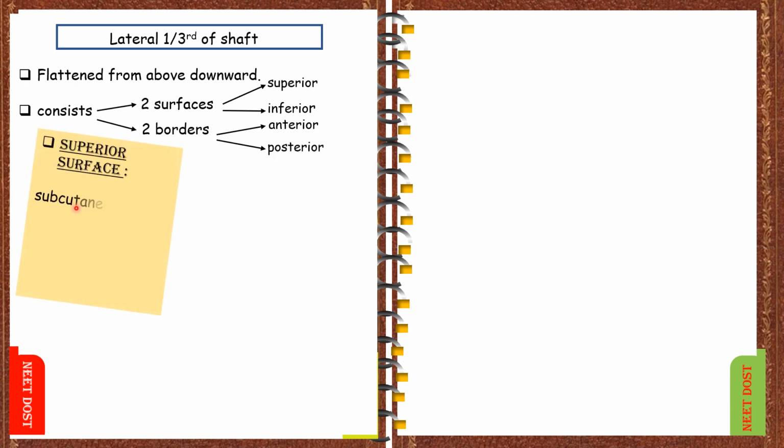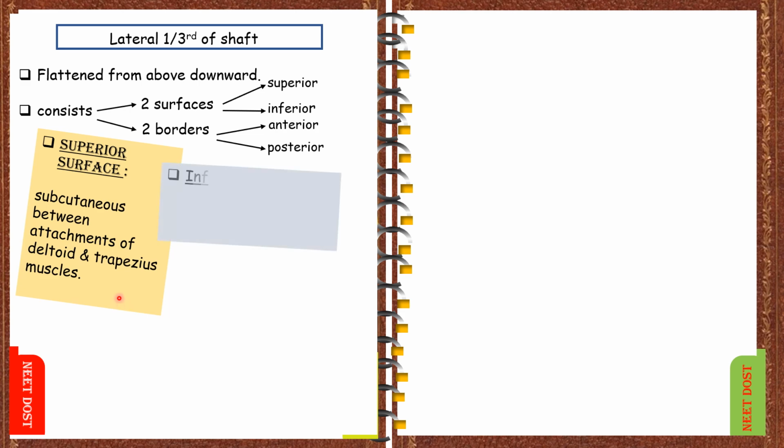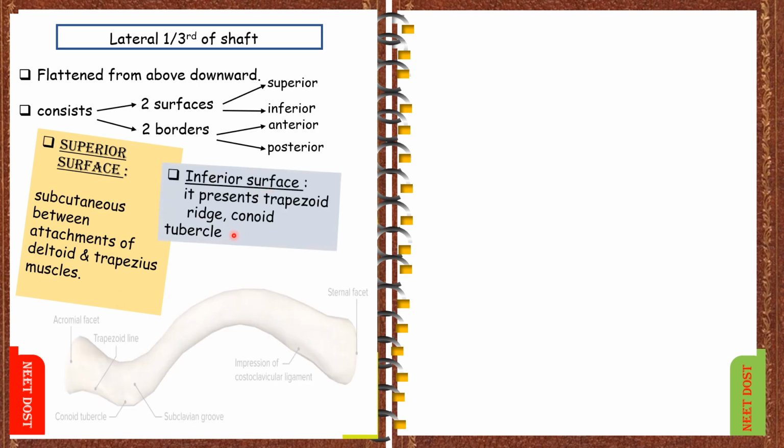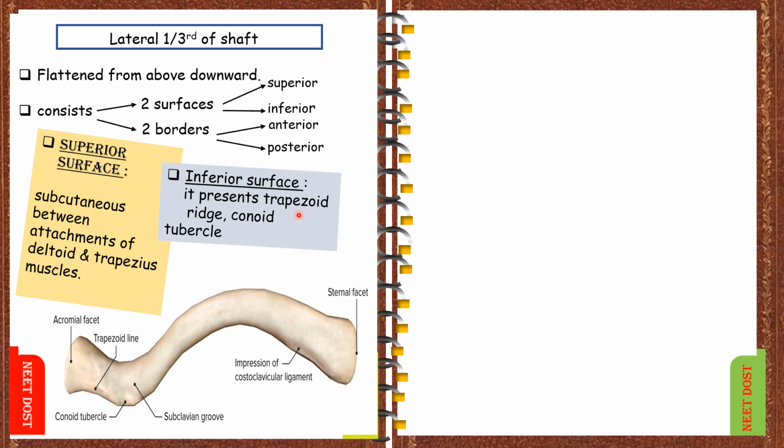Here the superior surface is completely subcutaneous between the attachments of the deltoid and trapezius muscles, whereas the inferior surface presents the trapezoid ridge and conoid tubercle, because the conoid part and the trapezoid part form the coracoclavicular ligament.